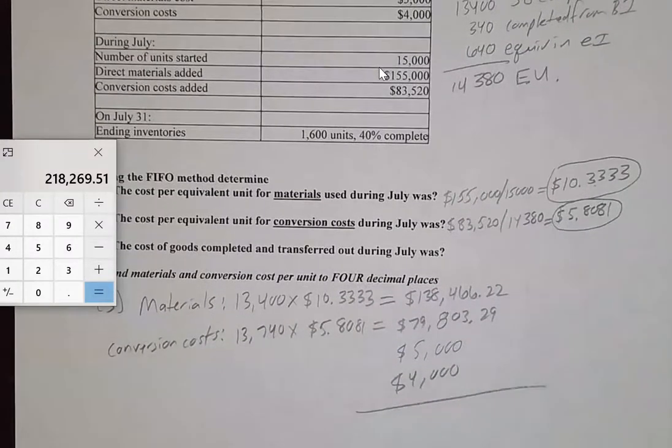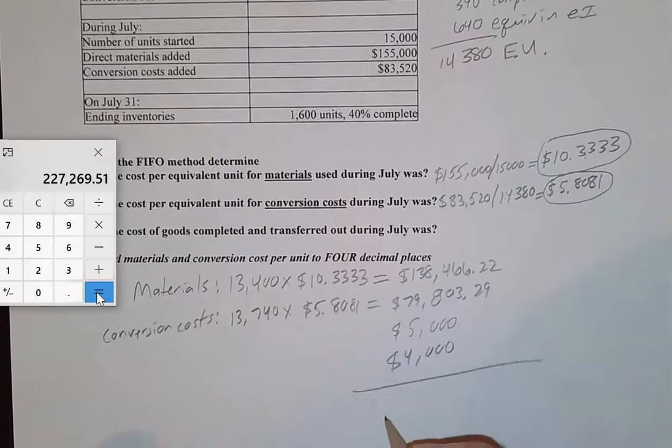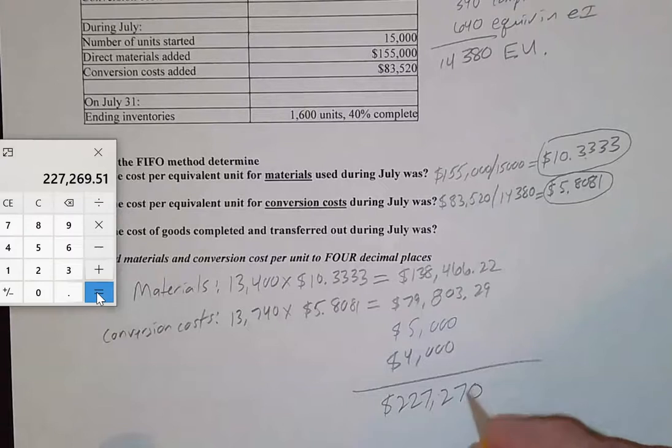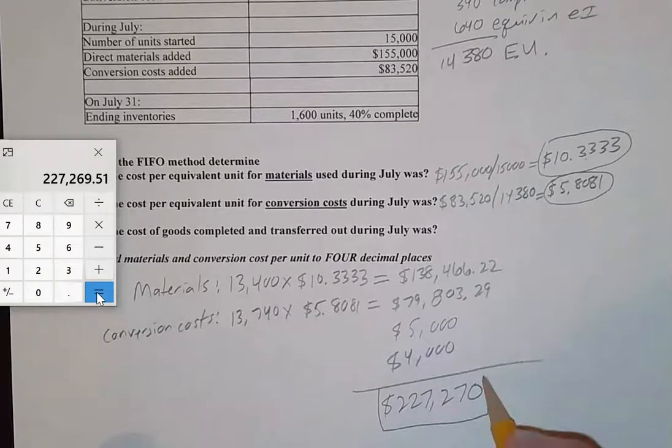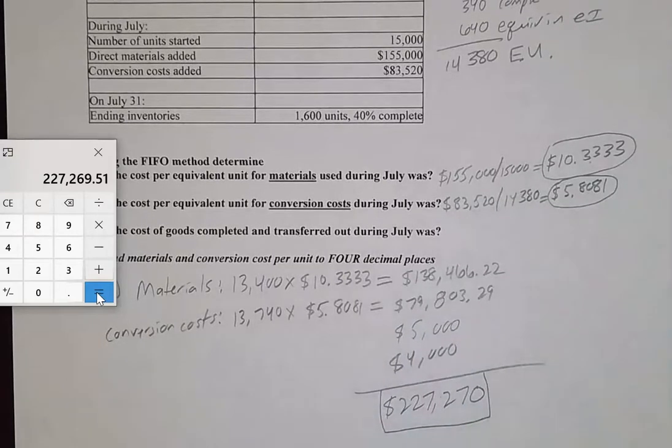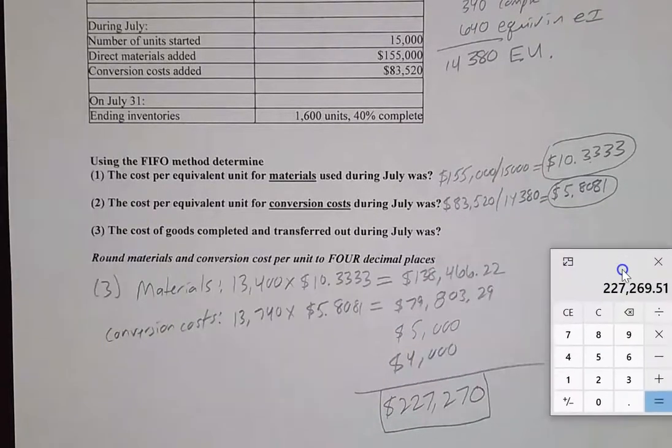So I know that this is 9,000, so I'm just going to say plus 9,000. And then I'm going to go ahead and round this figure to $227,270. And this is my answer for part 3. So we have 3 answers in this question.